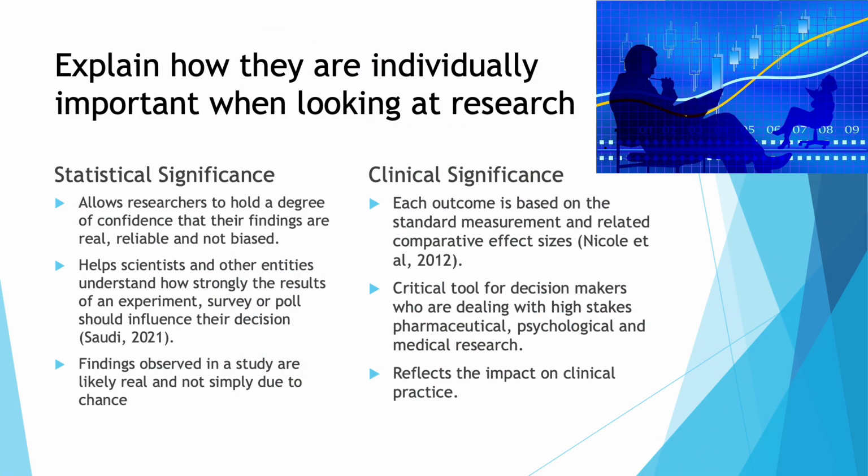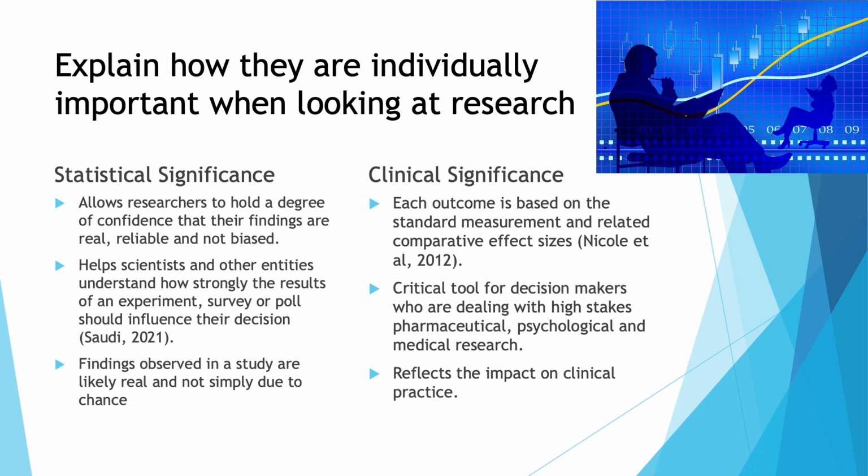Now, let's explain how statistical significance and clinical significance are important when looking at research. One could say that statistical significance allows researchers to hold a degree of confidence that their findings are real, reliable, and not biased.